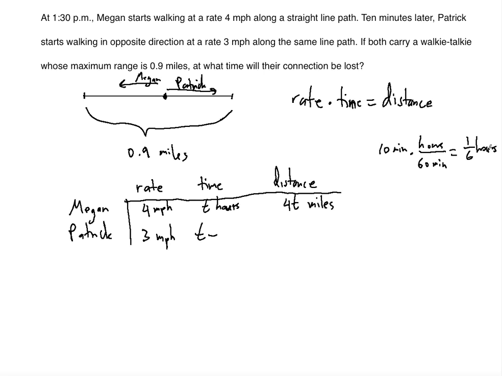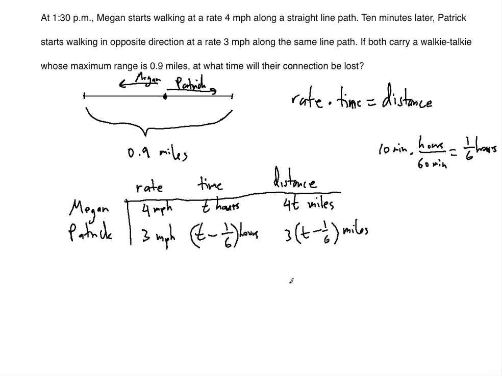So that's the amount of time that he will walk less. So he will walk t minus 1/6 hours. He will walk 1/6 hours less than Megan. So now the distance will be again multiplying the rate and time. So it's going to be 3 multiplied by t minus 1/6, and again it's going to be miles, right?